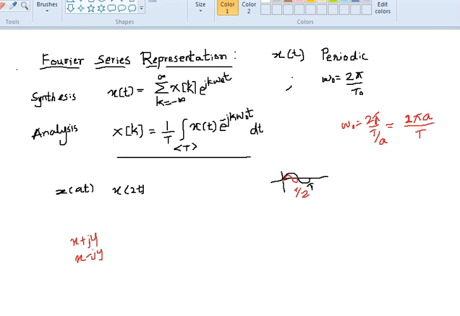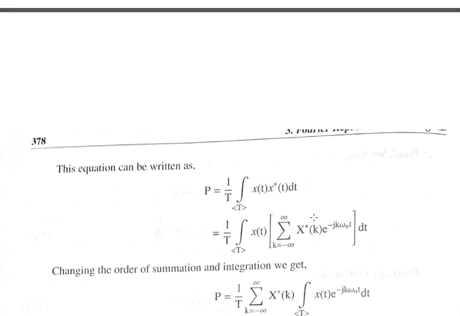As it is a complex conjugate, the imaginary term takes a minus sign. A real term will be the same, but the imaginary term is with a minus sign. So it is e raised to minus j k omega naught t, because it is a complex conjugate term.